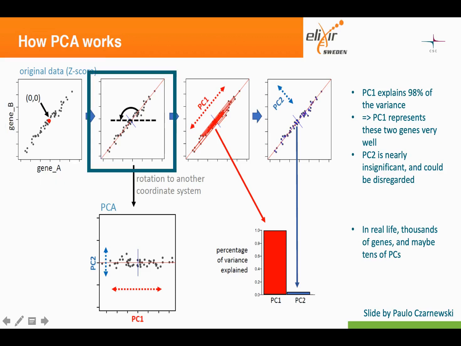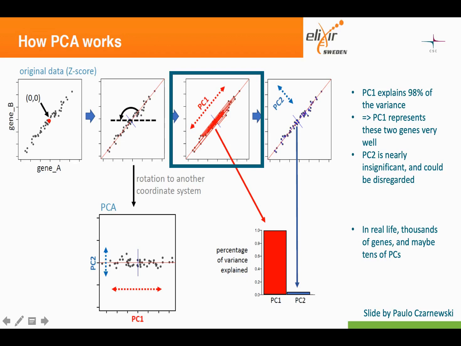The principal component analysis is like rotating the data to another coordinate system. So it's choosing the directions where there is most variance in the data. In this example, this red line represents principal component 1. As you can see, there's most variance in this direction.